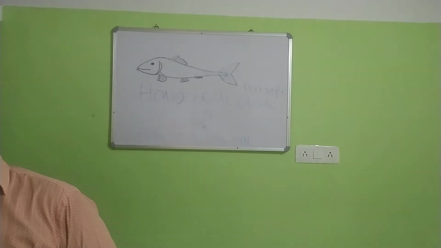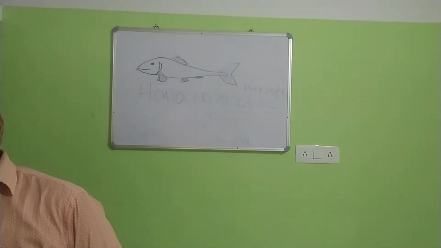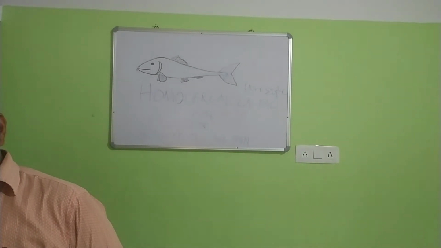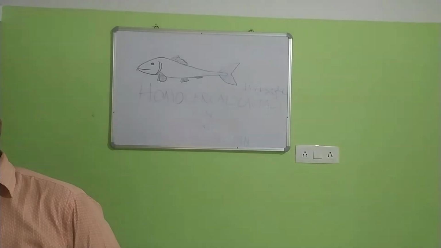However, they possess a homocercal caudal fin, but due to equal size, the terminal part of the vertebral column is straight and greatly elongated to form the isocercal tail.